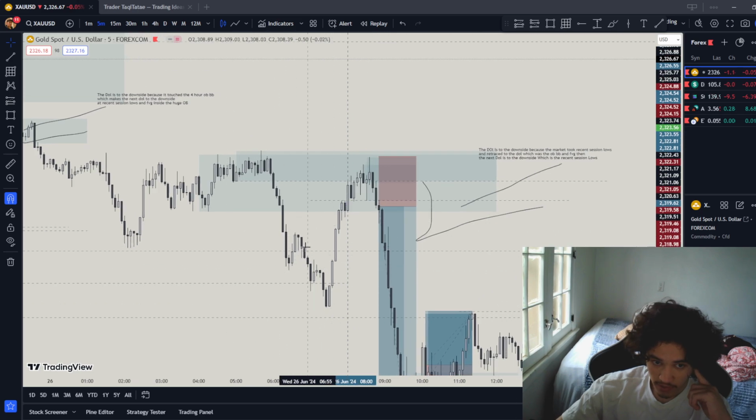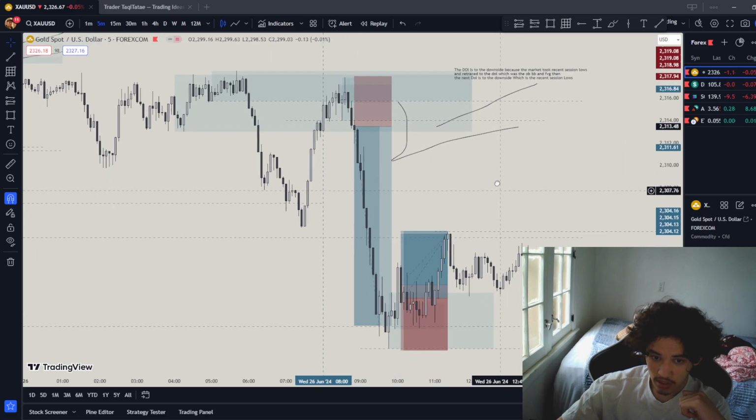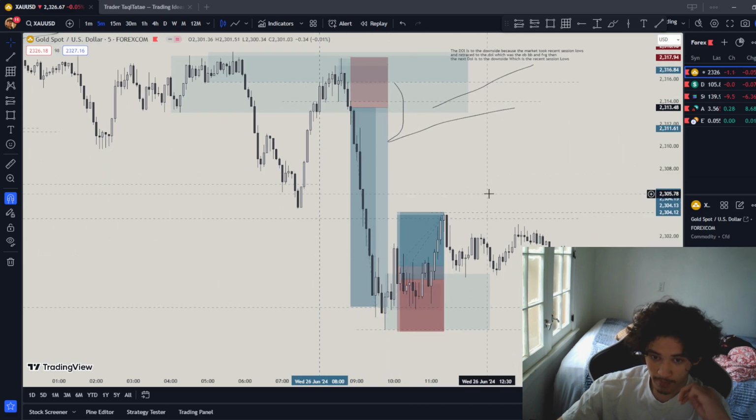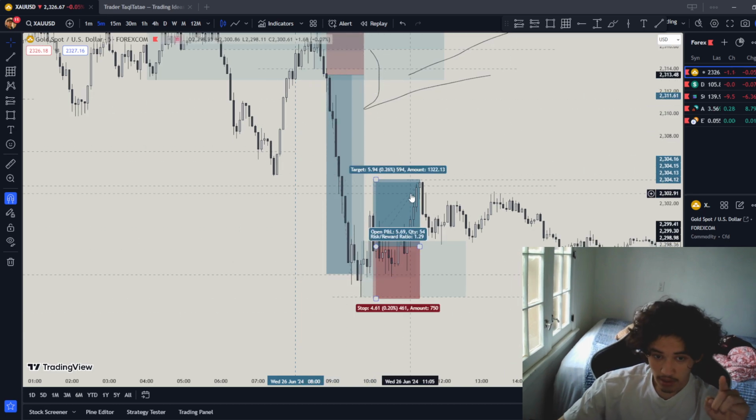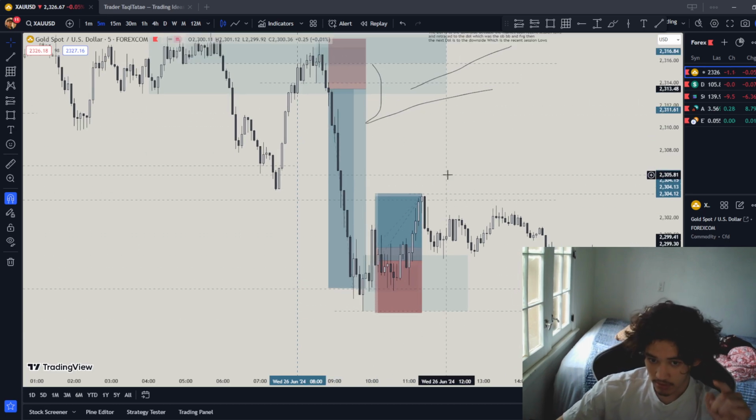So we retraced to this huge order block and breakup block, and fair value gap, filled the fair value gap, and gave us an entry model: 5-minute order block and breakup block, plus a break to the downside. Entry was right there. First take profit was right here and right here, right? So that's a trade that I should have taken, and I did take, but it was on demo. It was not real cash.